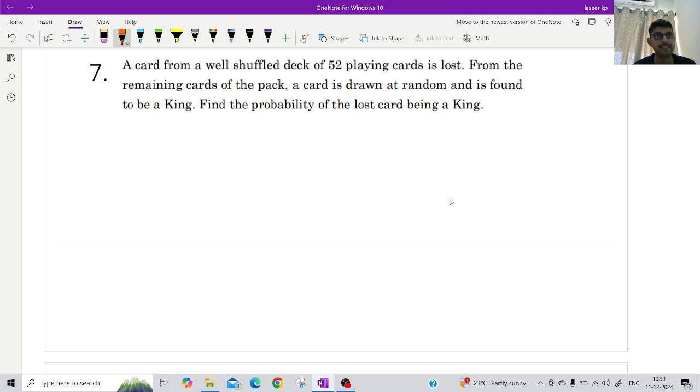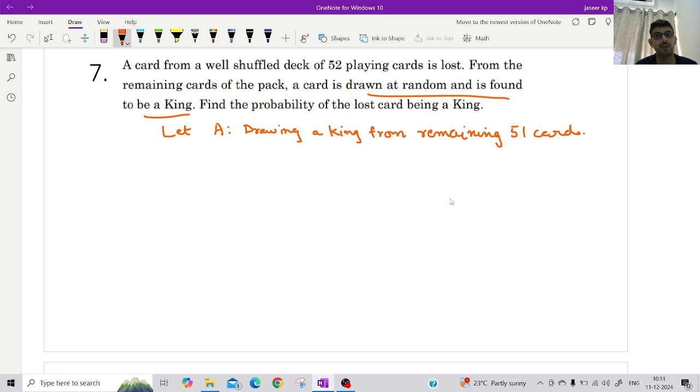So here again this is a case of Bayes theorem. Let A be the event of drawing a king from the remaining 51 cards. After the card is lost, then only we are drawing.